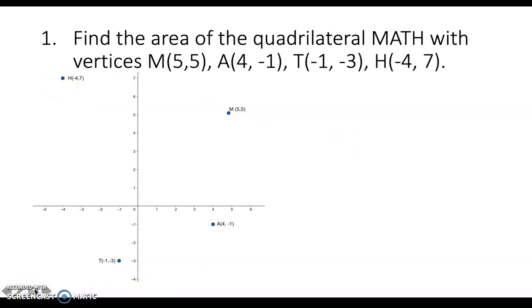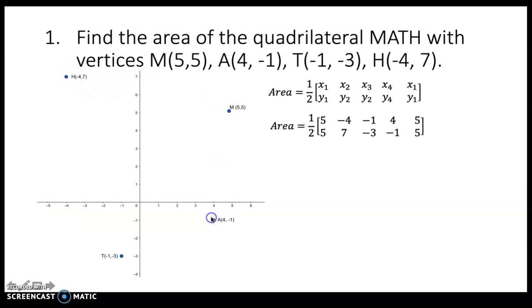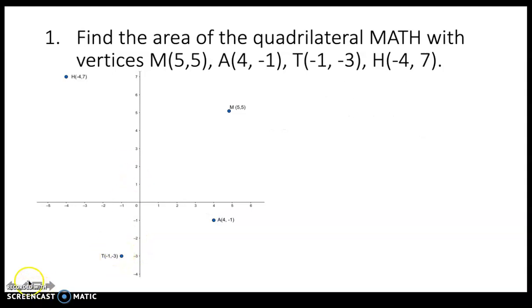Let me have a pen. I don't have a pen with me. Okay, so I cannot access the pen. But this is the vertex. M, A, T, and H. Okay?